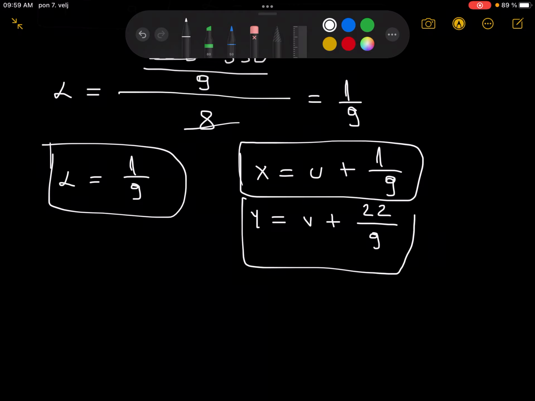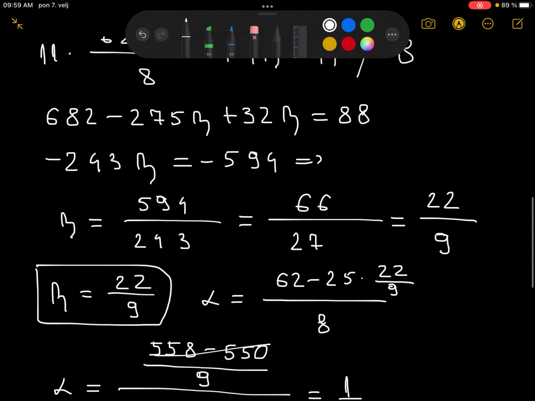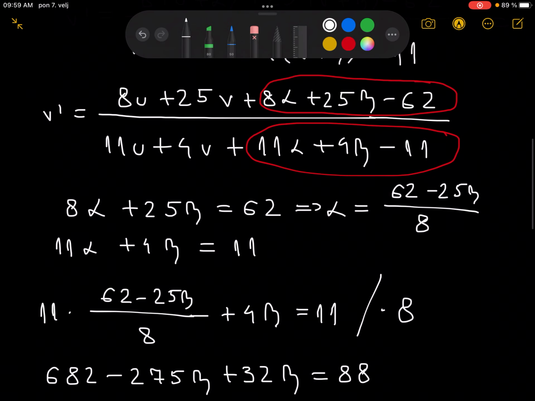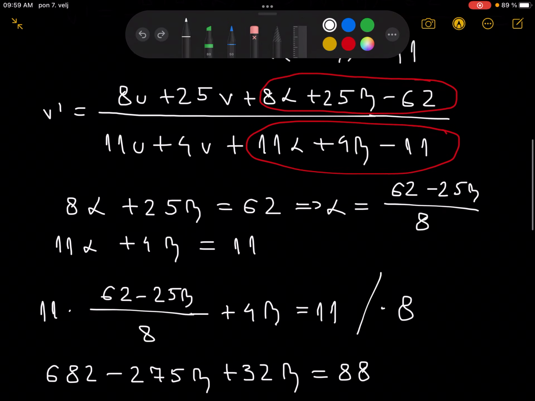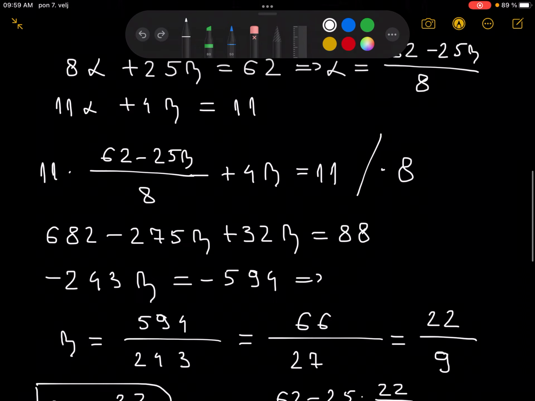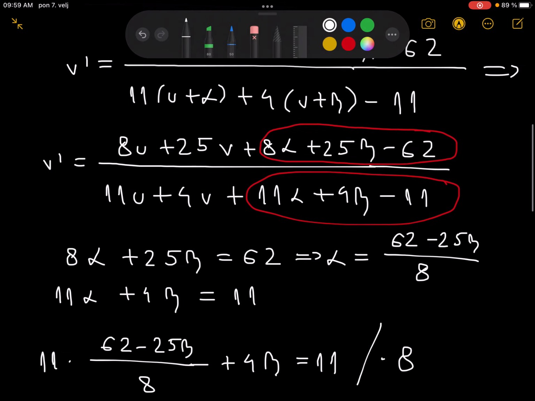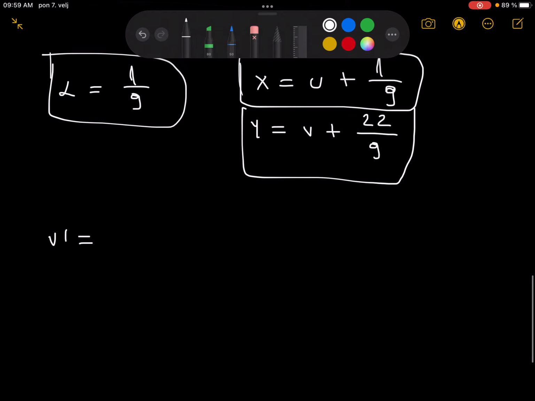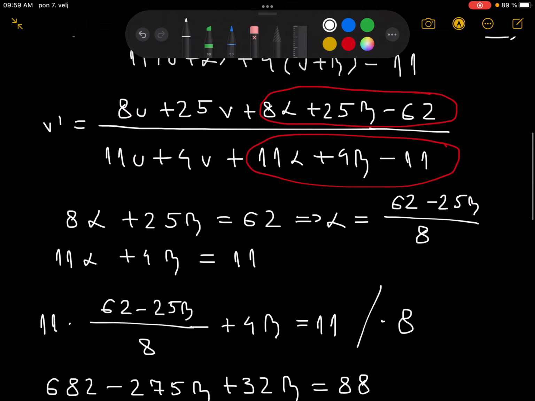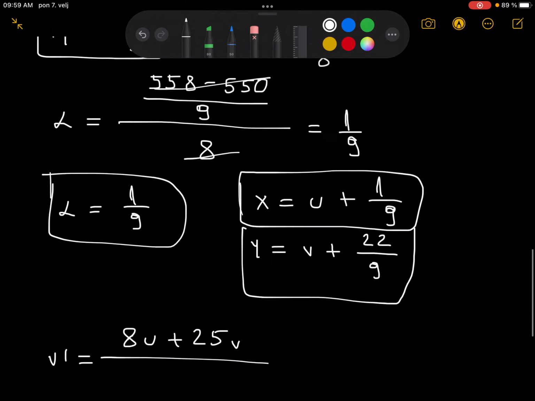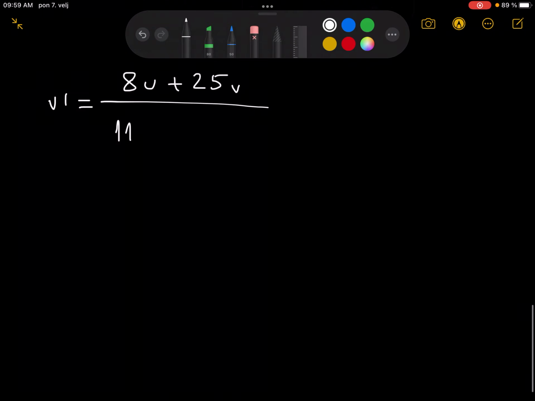Now, when we put in this substitution into this part right here, we'll get that v prime is equal to 8u plus 25v over 11u plus 4v.